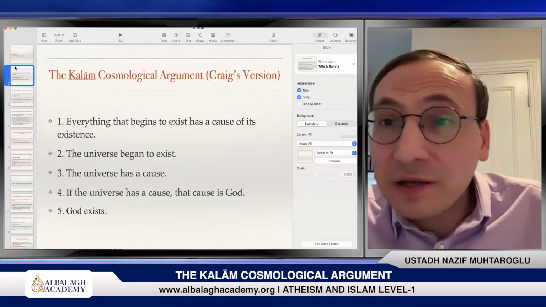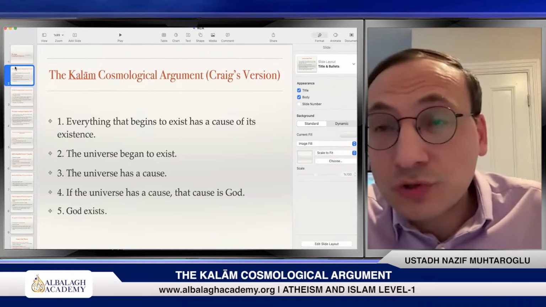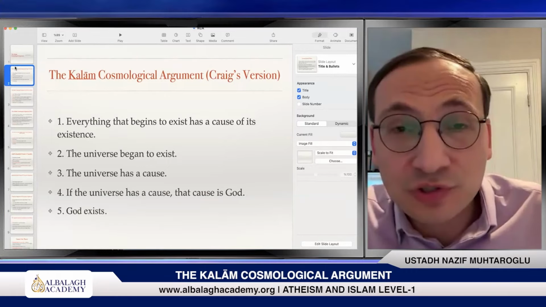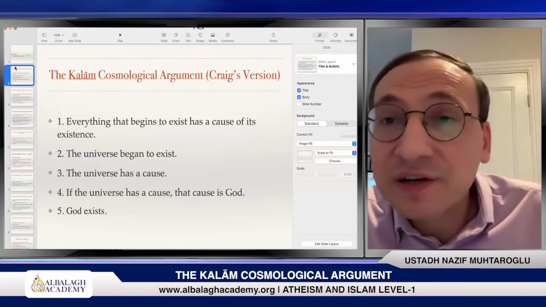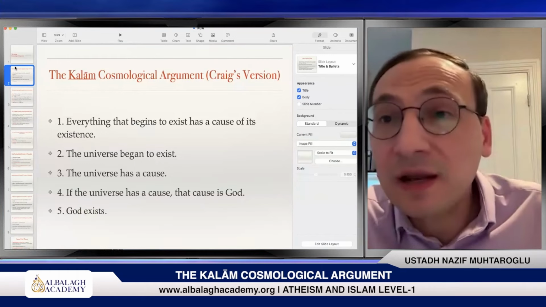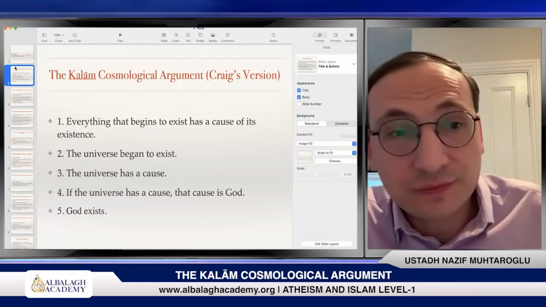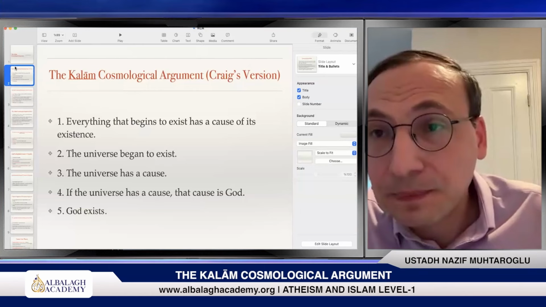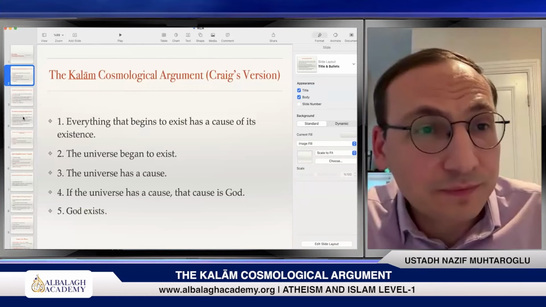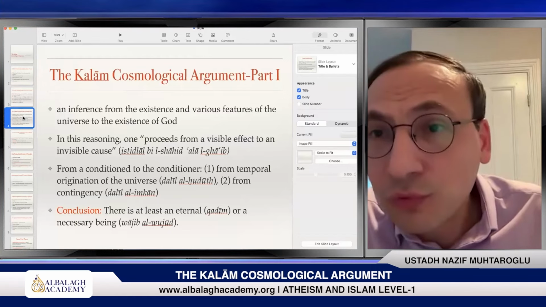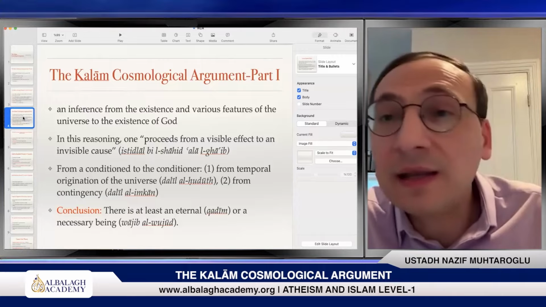However, Craig completely ignores the uniqueness argument in his presentation of the Kalam cosmological argument, and Craig also focuses only on Dalīl al-Ḥudūth in his formulation, which covers the first three statements. But the Mutakallimun do not only use Dalīl al-Ḥudūth, they also use Dalīl al-Imkân.